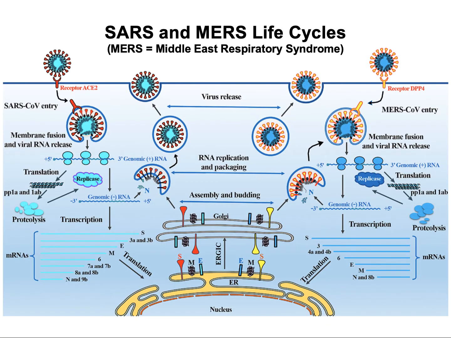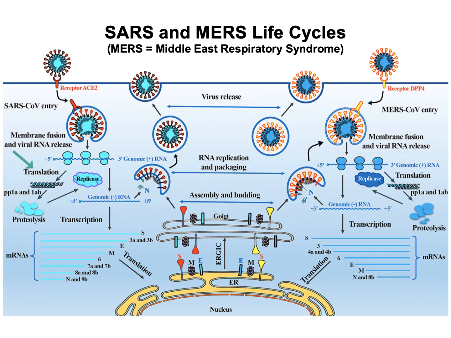Here are the life cycles of the SARS and MERS coronaviruses. They are related. SARS is the severe acute respiratory syndrome virus, and MERS is the Middle East respiratory syndrome. I'll just talk about SARS mainly. It attaches to the ACE2 receptors, which are angiotensin-converting enzyme receptors, and it's enveloped by a membrane of the host human cell.